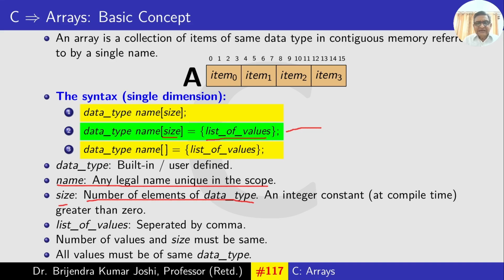This is the property of array in C, that all values must be of same data type. For example, if you have an array of floats and you assign some value which is an integer, since all integers are real numbers also, during assignment, instead of float you can write integer values also.